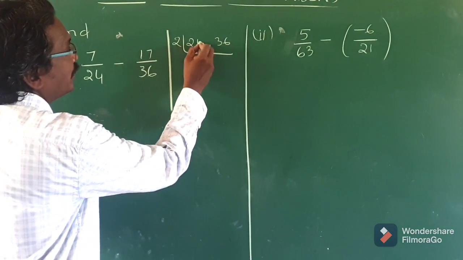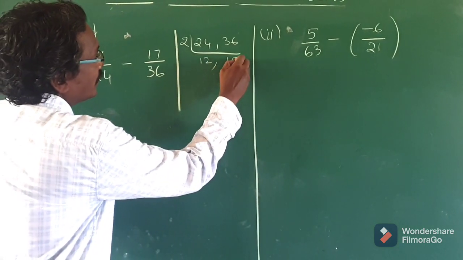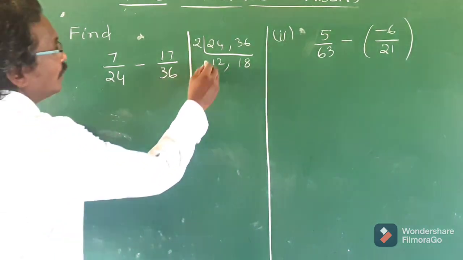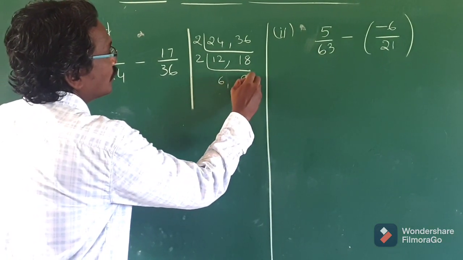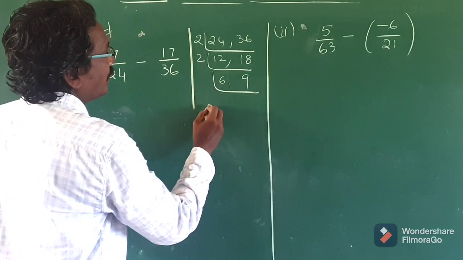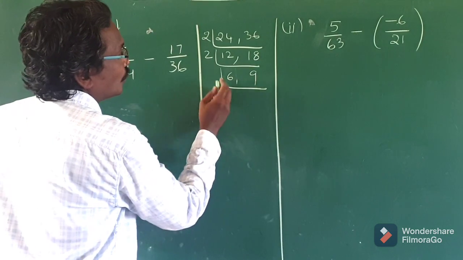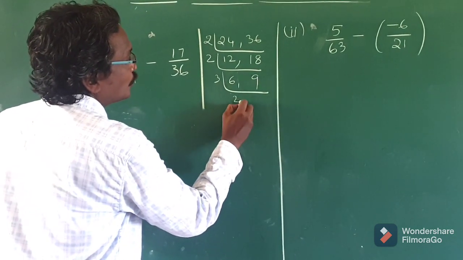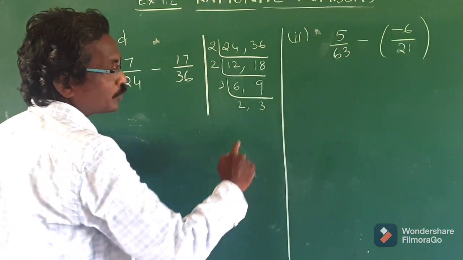2 table. How many times? 12 times and 18 times. Now again 2 table: 6 times, 9 times. Again 2 table is not possible in these two. Then take 3 table: 2 times, 3 times. Again no table is possible.